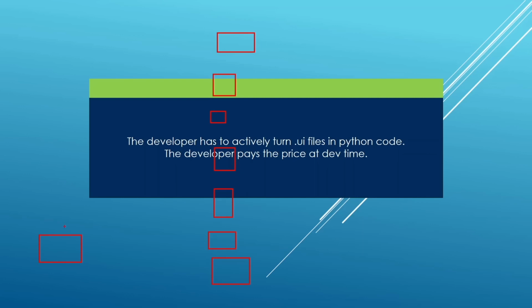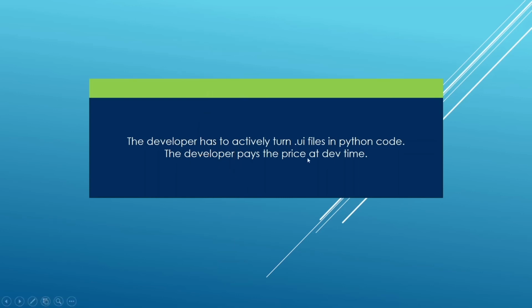So if you move the price to developer time, you will be really saving your users a lot of time. With the GUI loader, every instance of your application that runs would pay that price. But now we are paying that price once when we develop the application. That's the benefit of doing things this way.